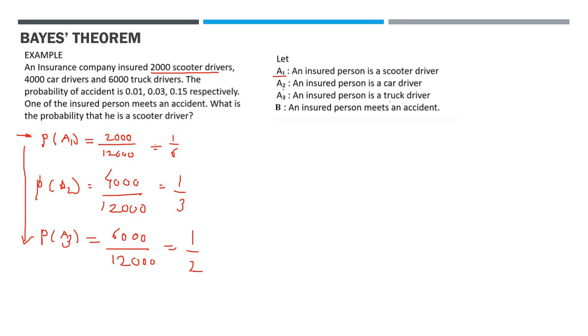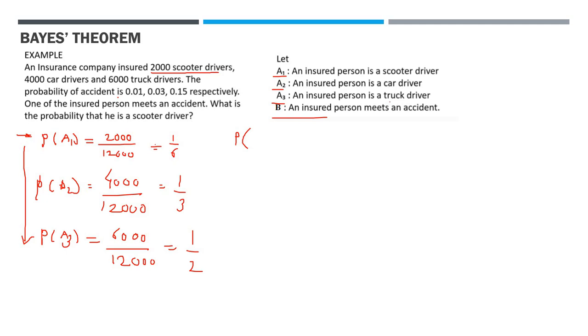So the events we have written here are A1, A2 and A3. Now we have the B events. For event B, the probability of accidents is given.